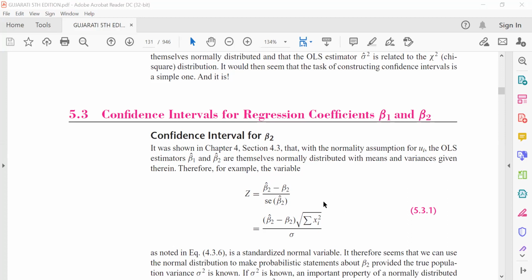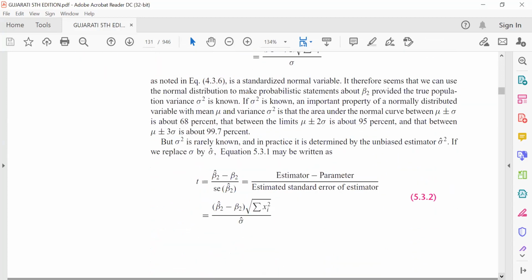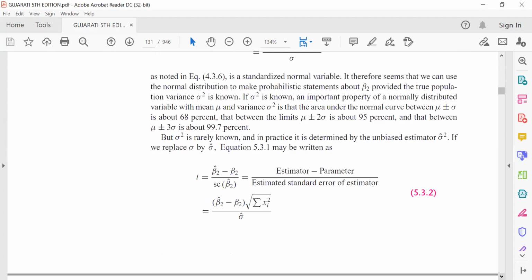We use equation 5.3.1 to represent the normal distribution. Okay, because we have a small sample, we have to use the student t distribution. Equation 5.3.2 is the student t distribution for small sample properties, and the normal distribution is for large sample properties.